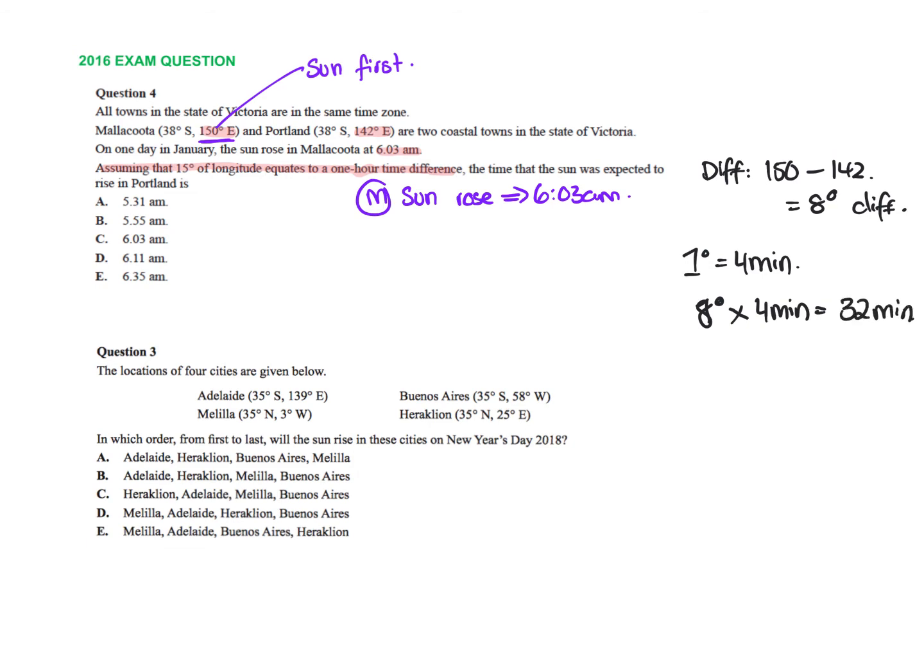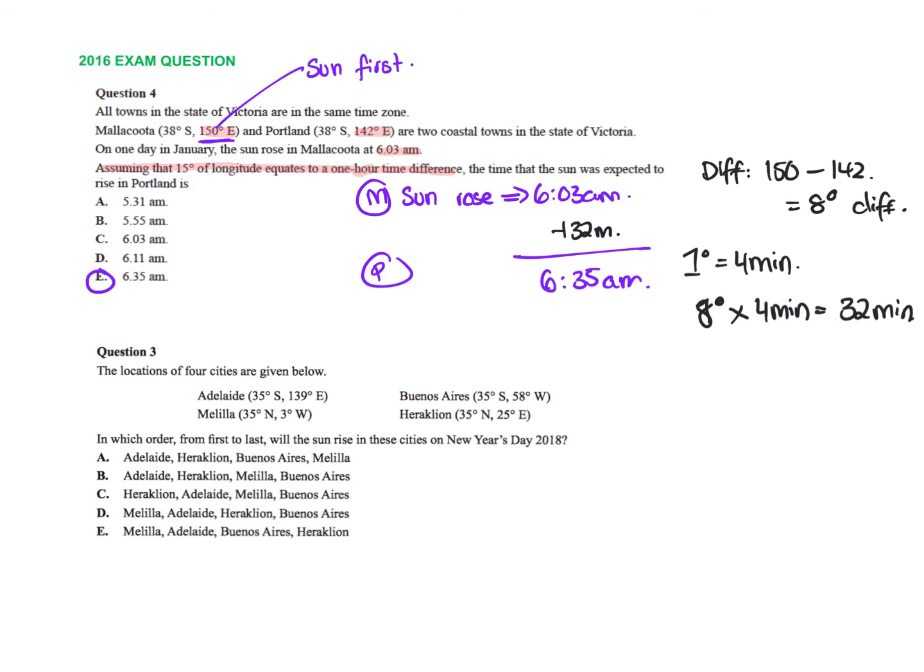So there's 32 minutes between their times. Malakuta got the sun first, and 32 minutes later we're going to get the sunrise in Portland, so that ends up being 6:35 a.m. And there's the answer to that. The more east you are, the bigger the east number, the earlier you get it, and then the next ones come after it.